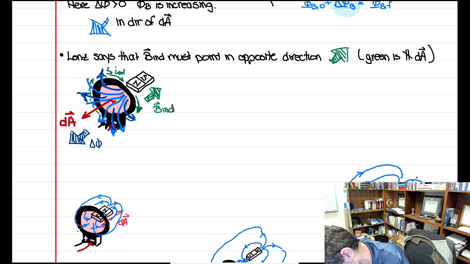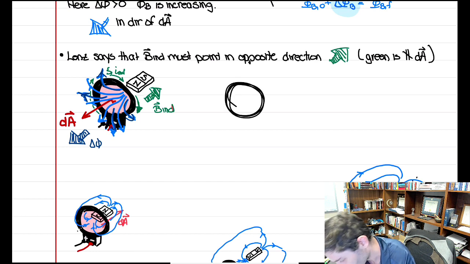So we have the loop, and then we're going to only draw this induced current, which is in that direction, with the idea that the magnetic field that it creates by the right-hand rule goes out and up and then down. That's not really the way to think about it, because of the way it's oriented.